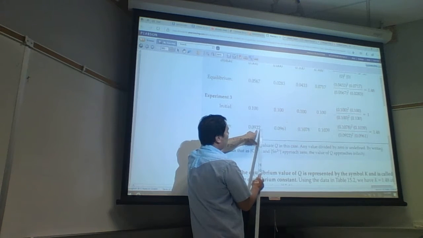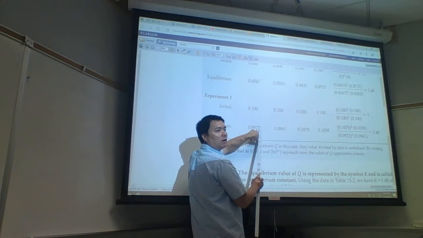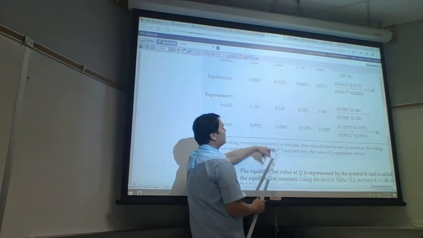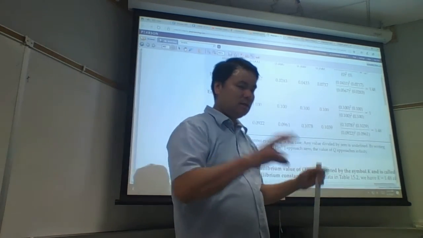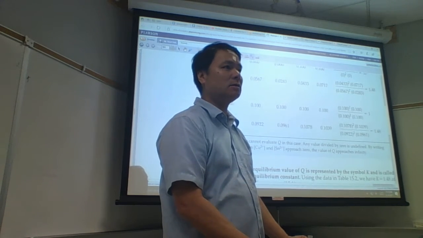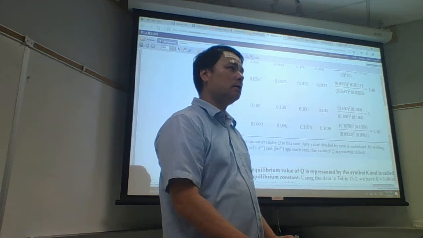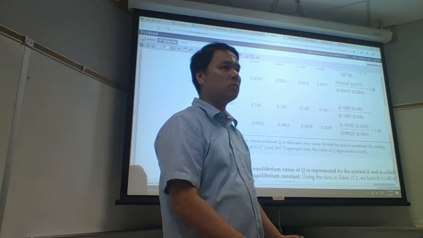And that means we lost 7.8%. Where did you get that number? It comes from the experiment. You would actually mix these together and then see at the end how much remains. They mix it together, and 92.2% of our limiting reactant remains unreacted.